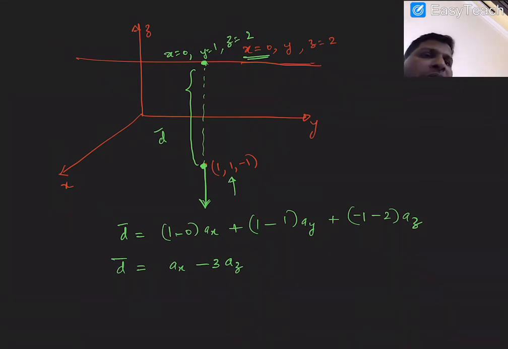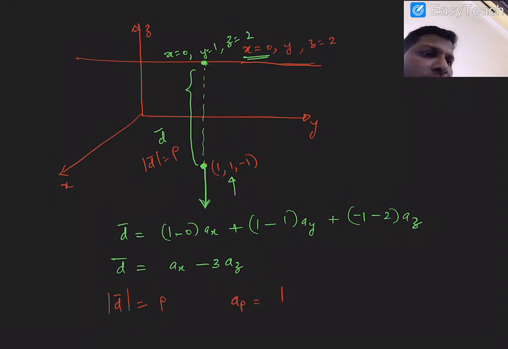Now I want to find the direction of my rho. So this is my distance vector. The magnitude of this distance vector will give you the distance, so the magnitude of the distance vector is nothing but the rho. And what will be my a rho?